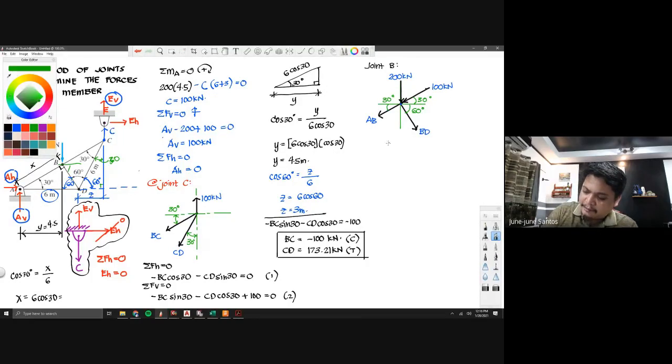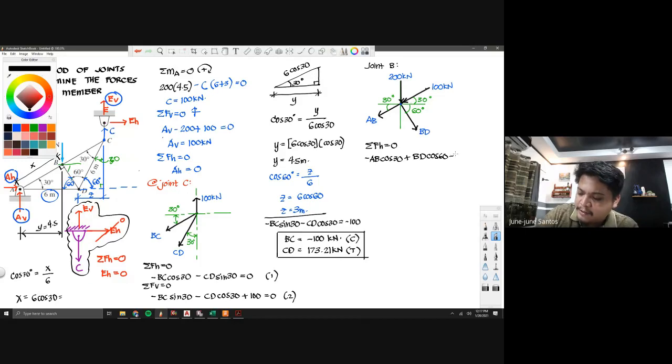So, pwede ka na ulit mag-summation forces horizontal and summation forces vertical. So, let's have it. Summation forces horizontal equal to 0. So, unahin ko muna yung BD. Okay. Sige na, AB. So, we will be having here negative AB cosine of 30 plus BD cosine of 60. Okay.